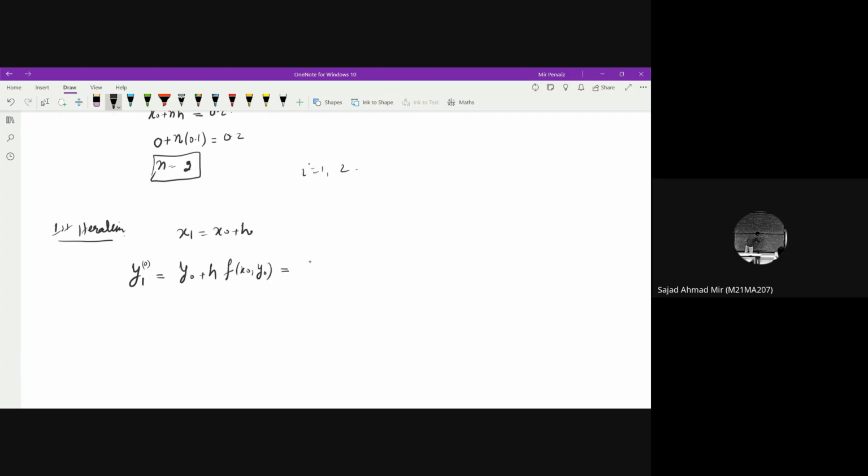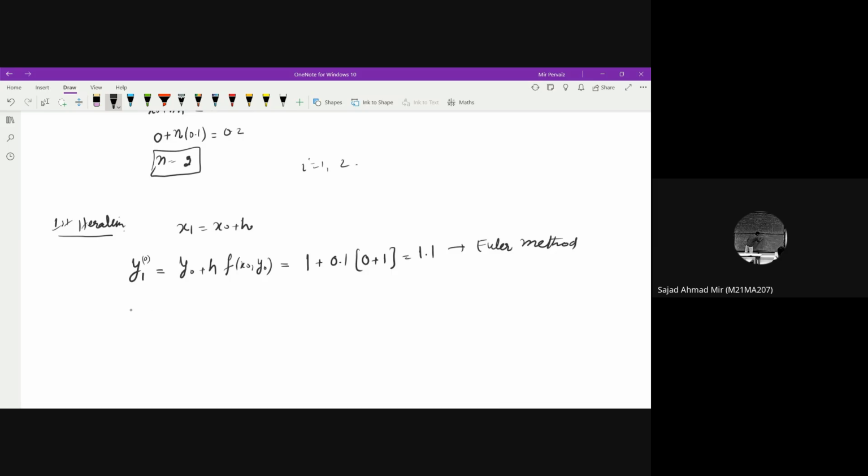What will be this value? 1 plus 0.1 into your f, which is x plus y. x0 is 0, plus y0 is 1. This is 1.1. So by Euler's method, you are getting this value as the zeroth approximation.